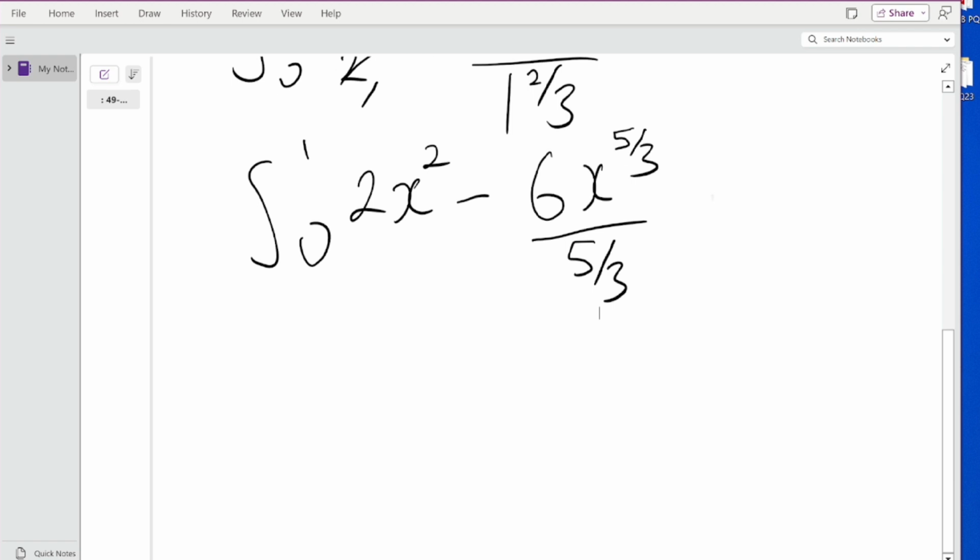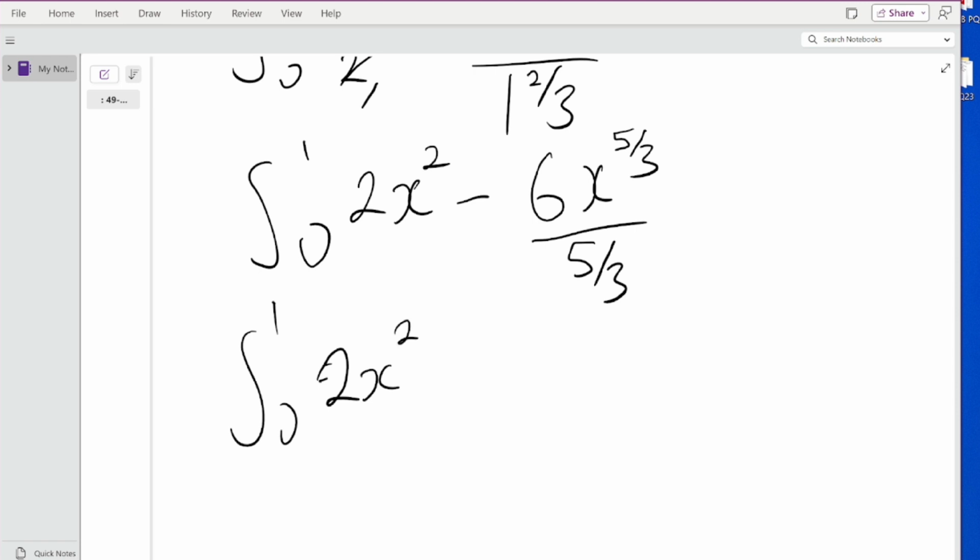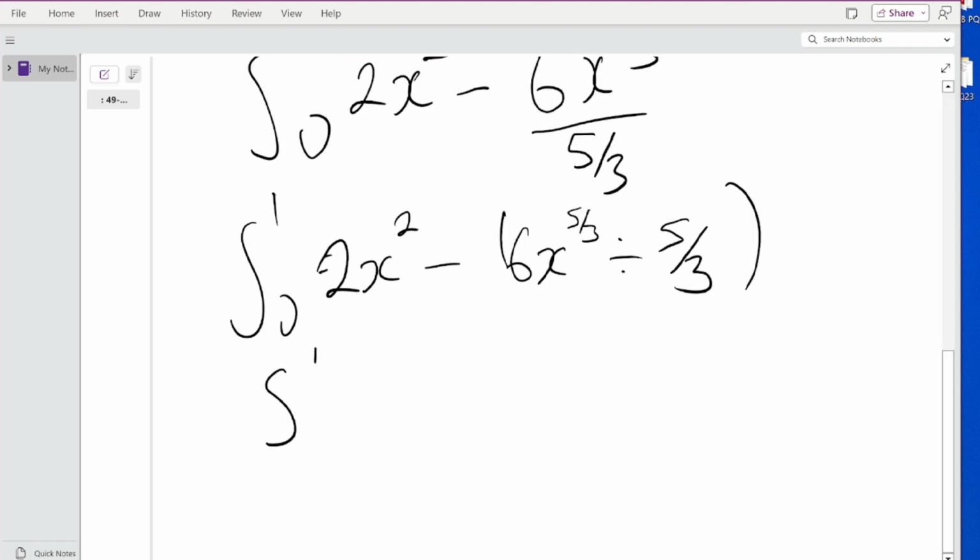We go down further to have 2x to the power of 2. We have 6x to the power of 5 over 3 divided by 5 over 3. We can now convert the division line into the division sign. To solve for this side, we still have a sign.